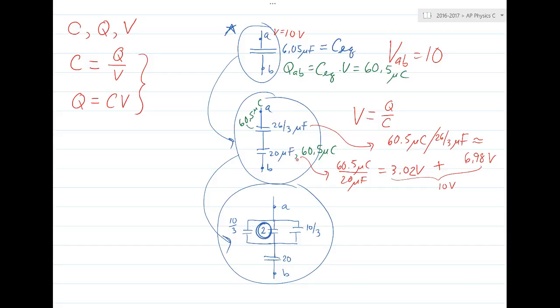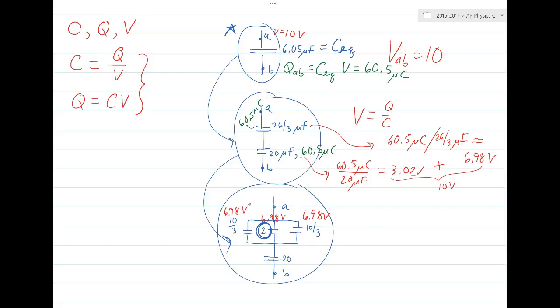Okay, now the last thing that we do is we make note that when we expand this one further, the 10/3, the 2, and the other 10/3 are all in parallel, which means that they have the same voltage, 6.98, 6.98, and 6.98.